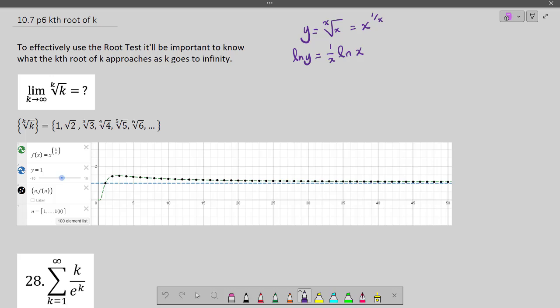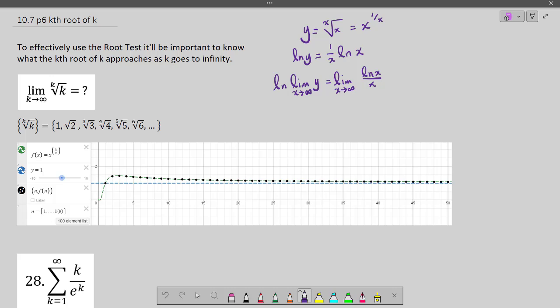All right, and then we take the limit of both sides. And when we take the limit of the left-hand side, we move the limit inside. And on the right-hand side, isn't it already in L'Hopital form? We don't even have to move anything. Right? Isn't that ln x over x, isn't that L'Hopital right away? Infinity divided by infinity.